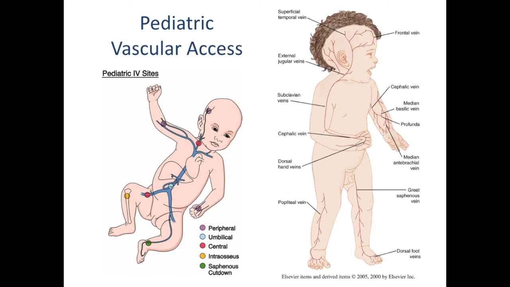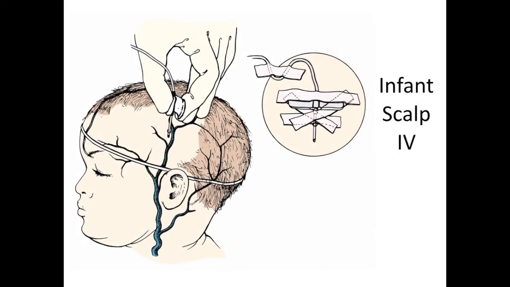So here is a picture of the various sites that are available. And when you look at the left lower, the little gold circle, this is the access point for an intraosseous infusion. I like to have you look at pictures of where the veins are because many times when we're starting an IV, it's what we call a blind stick.